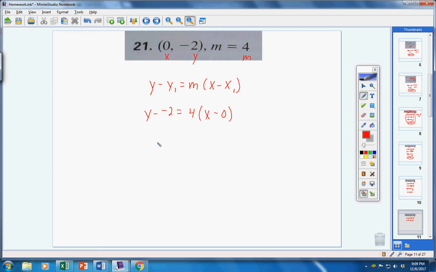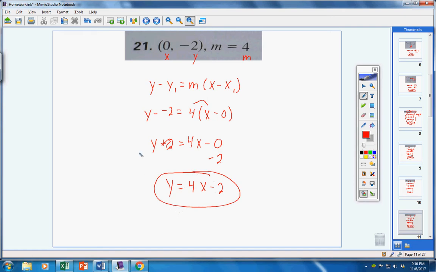And now we simplify. Negative 2 makes that a positive 2. 4 times x is 4x. 4 times 0 is 0. Next, let's get y by itself. We're going to move the 2 over and make it a negative 2. y equals 4x minus 2. Alright? Guys, I hope this is making sense.